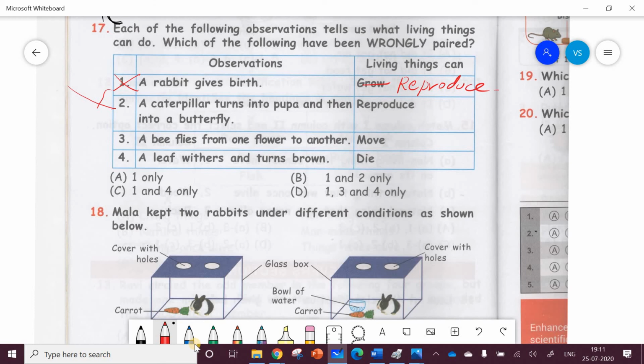Which are the two wrong options that you have selected, Avnish? Look, A and B. 1 and 2. Very good. You have selected options 1 and 2. So where are you seeing 1 and 2? B. Yes. Option B is the correct answer.